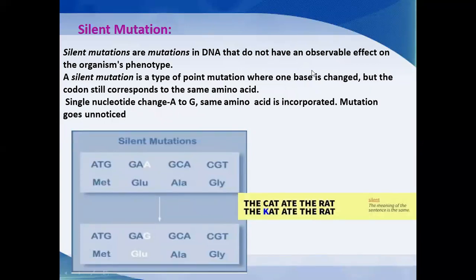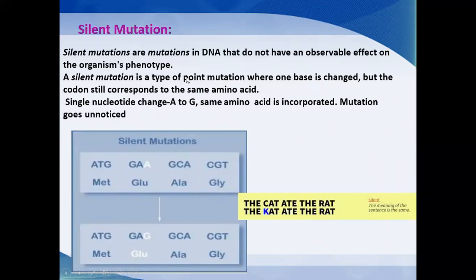Silent mutations are mutations in DNA that do not have an observable effect on the organism's phenotype. That means it never shows any phenotypic effect. The mutation occurs, but it never shows external changes. A silent mutation is a type of point mutation where one base is changed, but the codon still corresponds to the same amino acid.